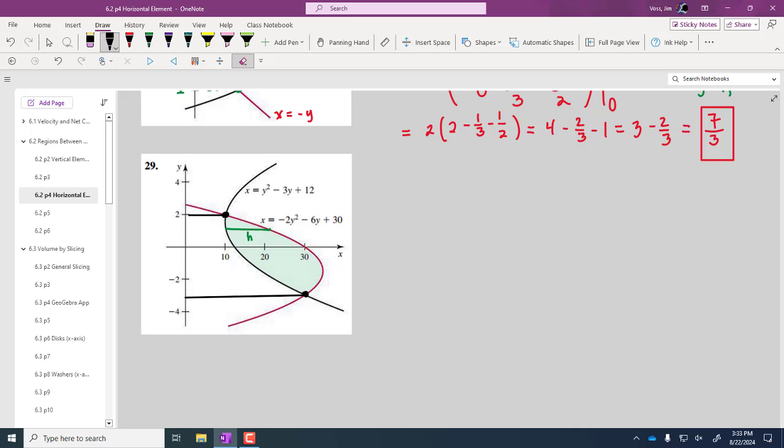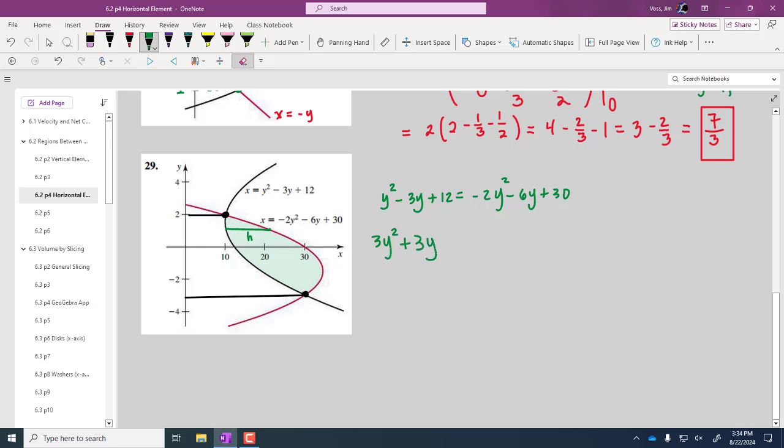So to solve, we set the two equal to each other and then figure out what those y coordinates are. So let's come over to the side and do that. So we have y squared minus 3y plus 12. We're going to set it equal to the other curve. Once again, nonlinear means shove everything to one side, factor. That's going to give us 3y squared plus 3y minus 18 equals 0.